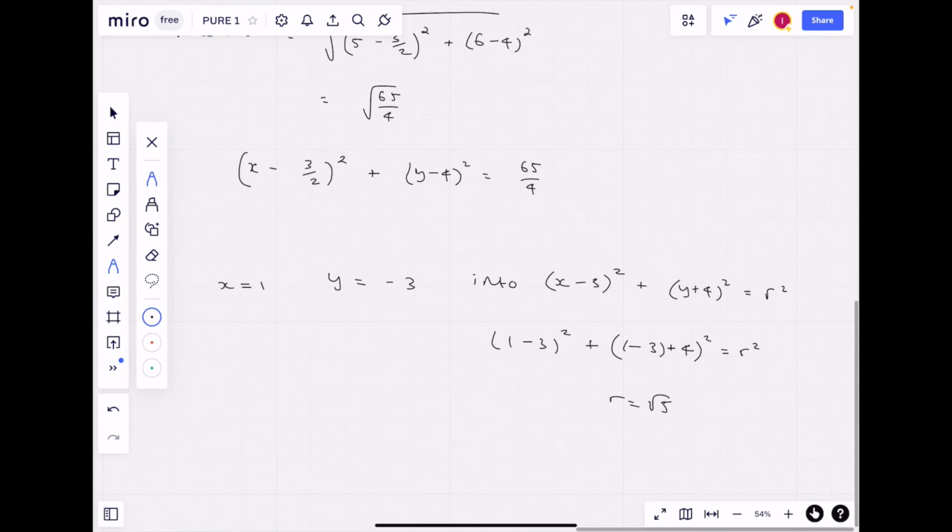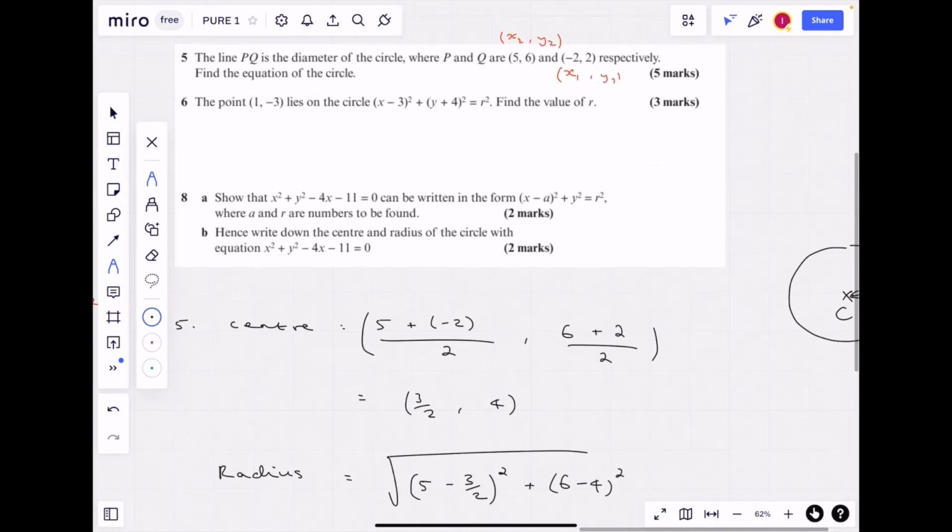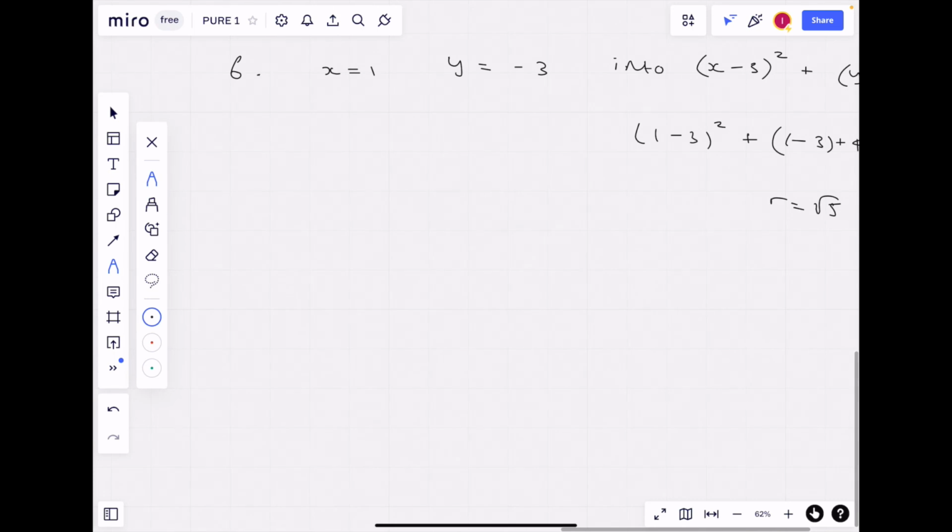Okay, question 8. Show that x squared plus y squared minus 4x minus 11 can be written in the form x minus a all squared plus y squared equals r squared. Okay. x squared plus y squared minus 4x minus 11 equals 0.